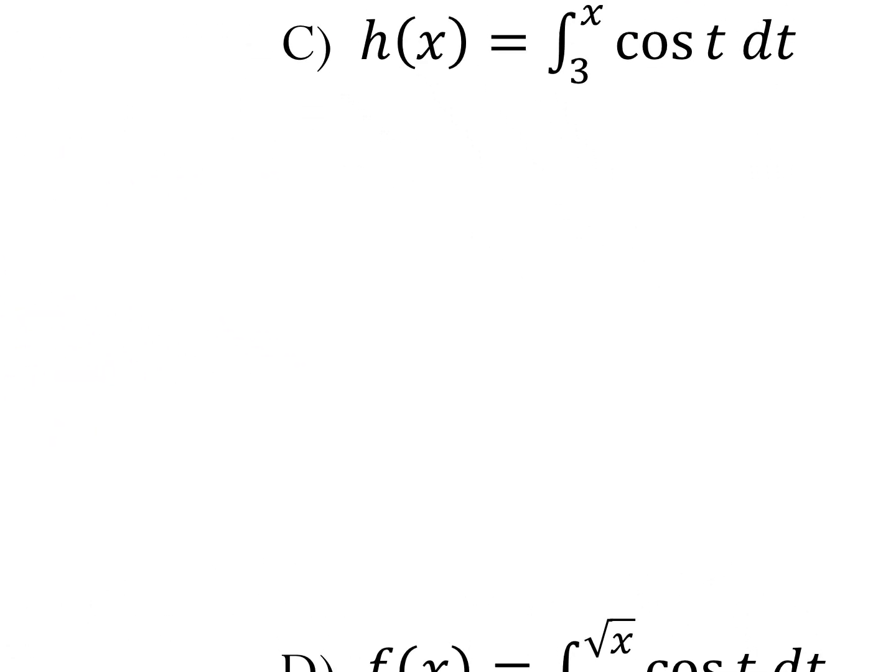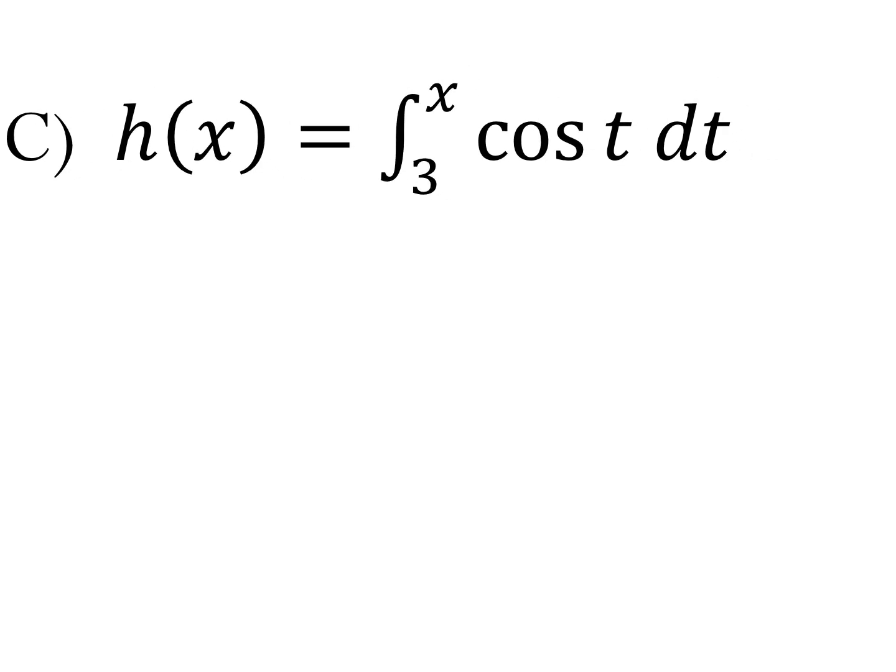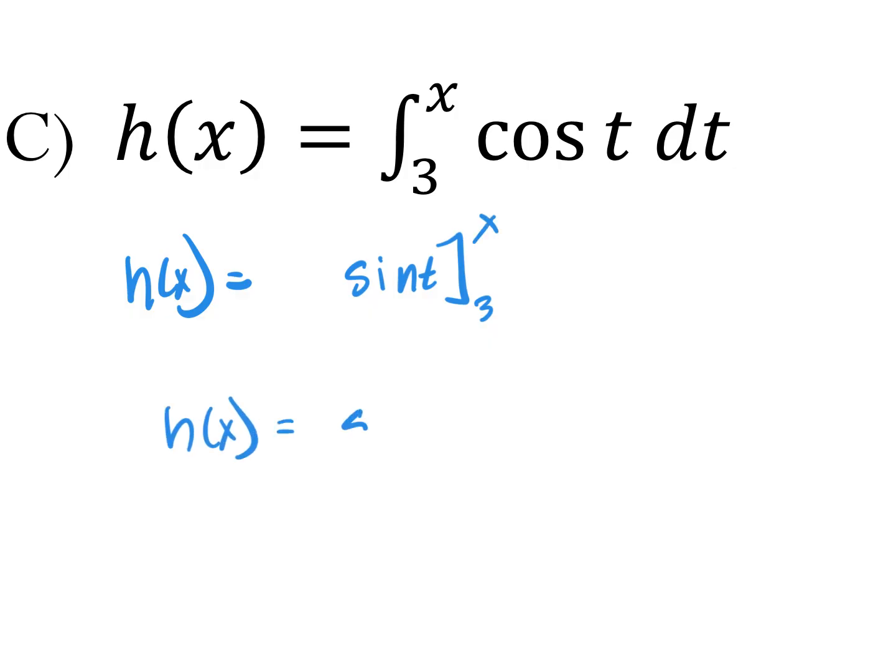And likewise, let's look at this one next. I'm integrating with respect to t. But once I do that, I now have a new function that is with respect to x.